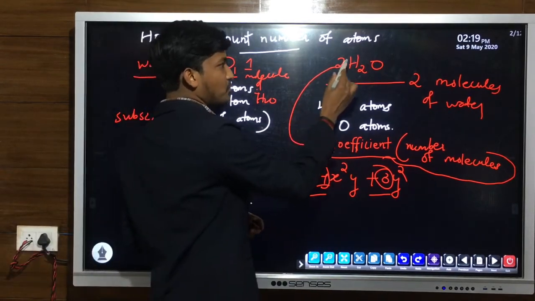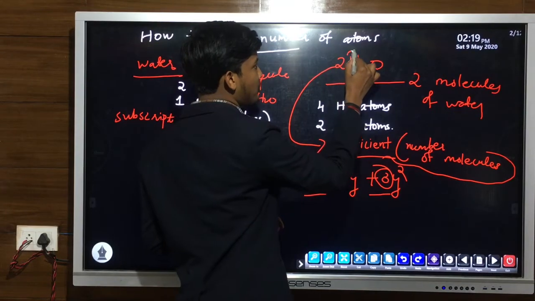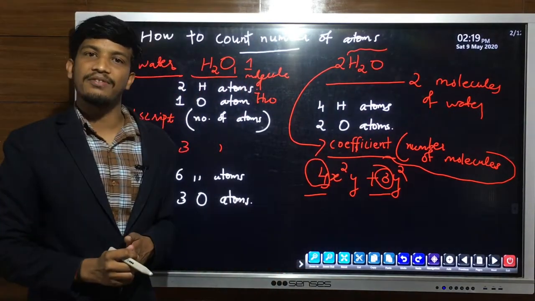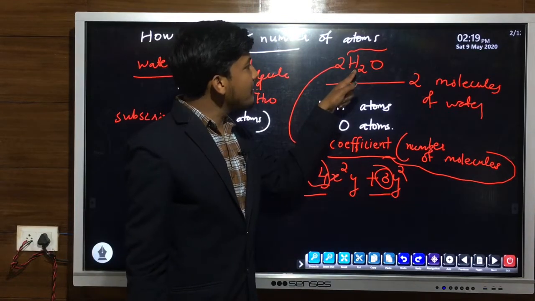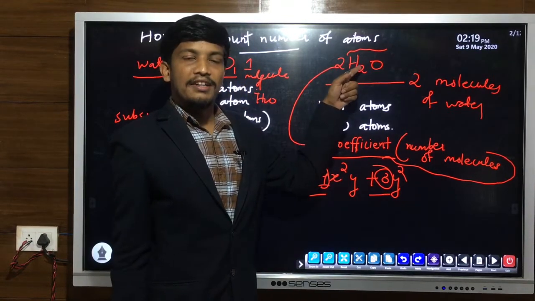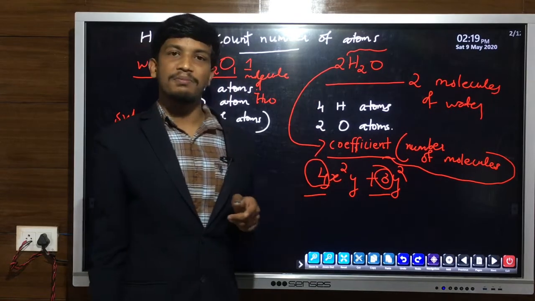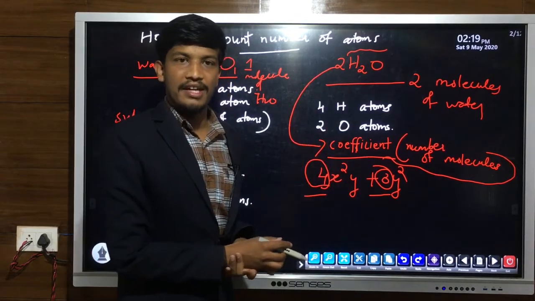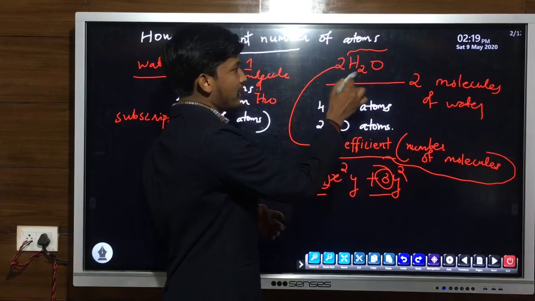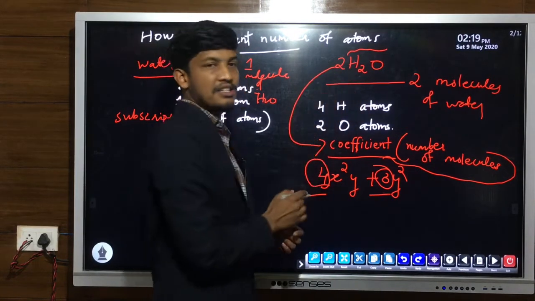If there is a coefficient 2, this 2 is common for all the atoms present in the given compound. For that we have to multiply the number of atoms of each element by 2, because 2 is the coefficient and 2 is common for all the atoms present in this compound. So for getting the number of atoms we have to multiply by 2.